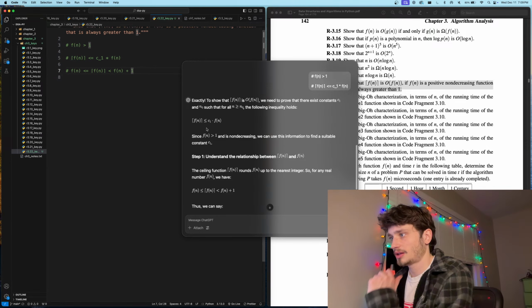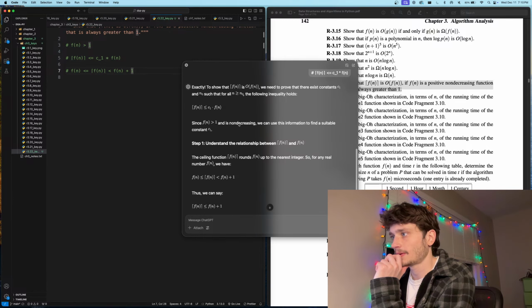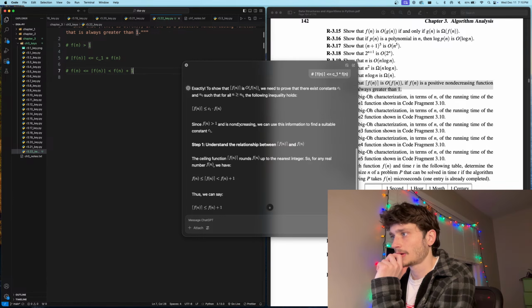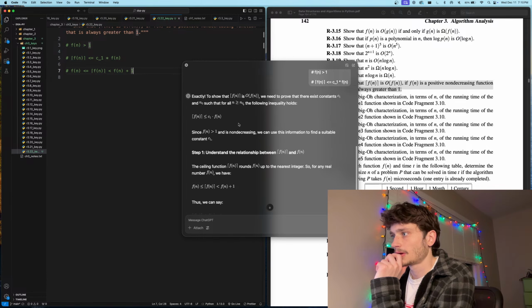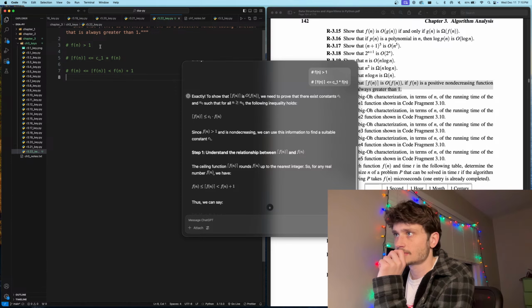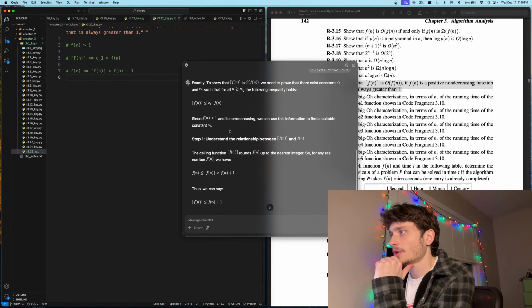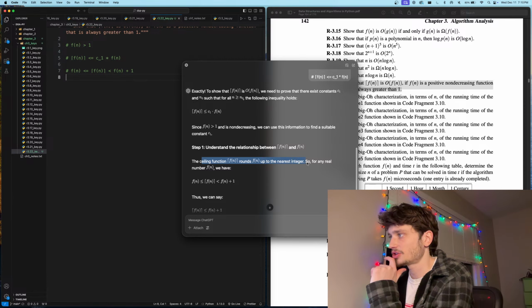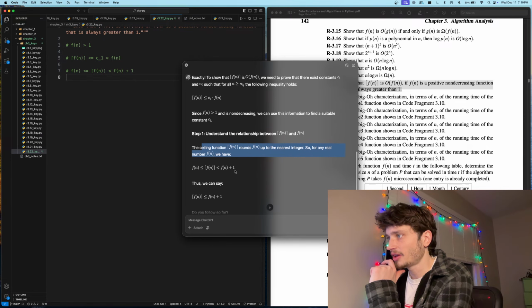Okay, so then we know that f of n, so understand the relationship between the ceiling of f of n and f of n. The ceiling function rounds f of n up to the nearest integer, so for any real number f of n we have this.